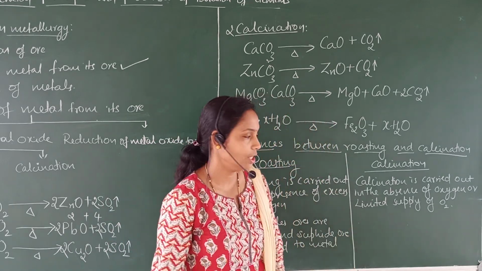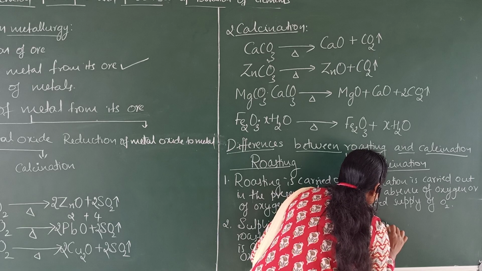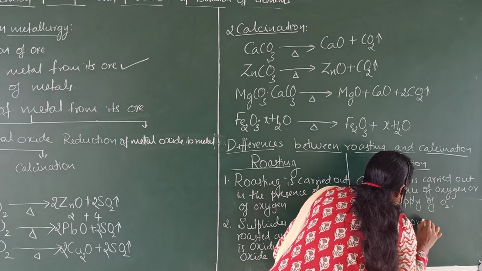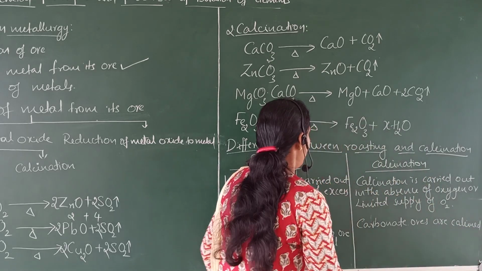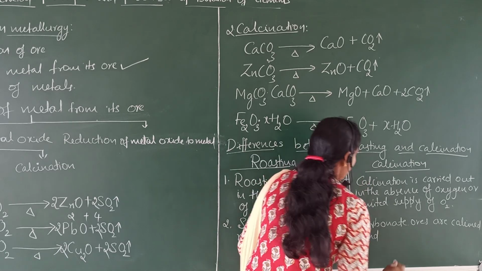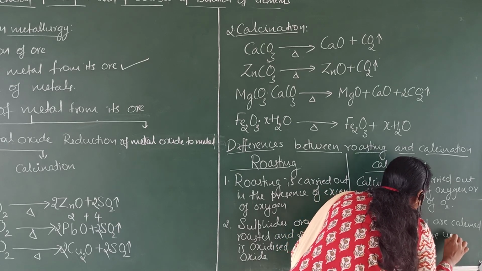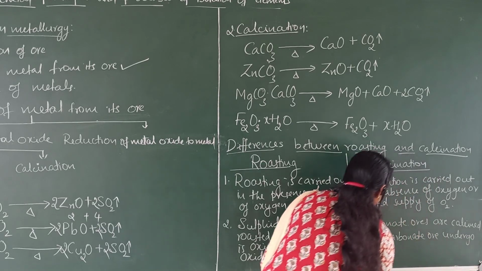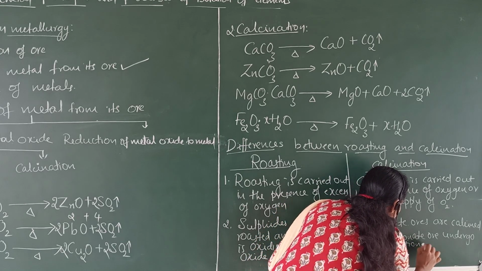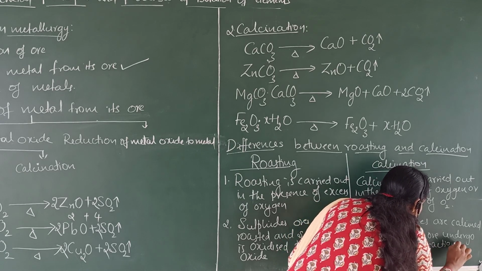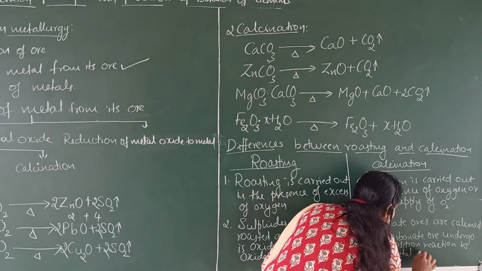Here, in calcination, carbonate ores are calcined and the carbonate ore undergoes a decomposition reaction to form metal oxide.